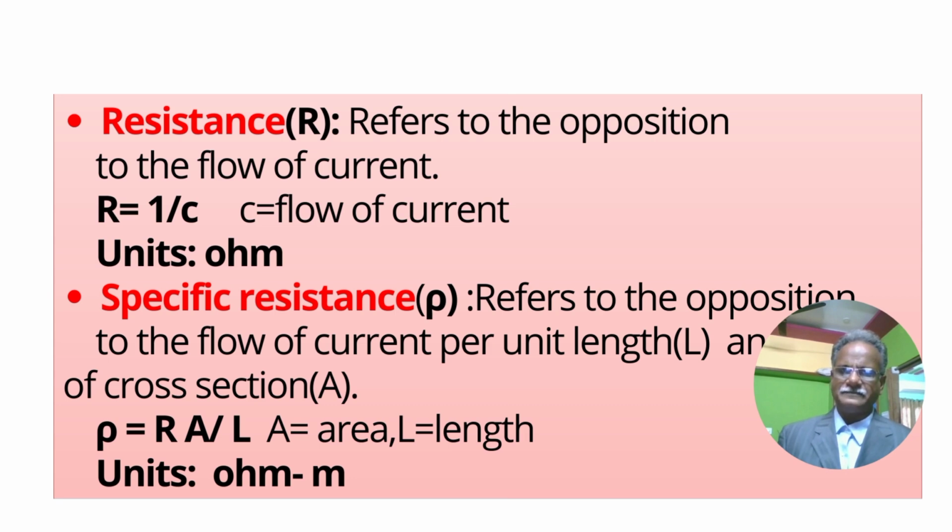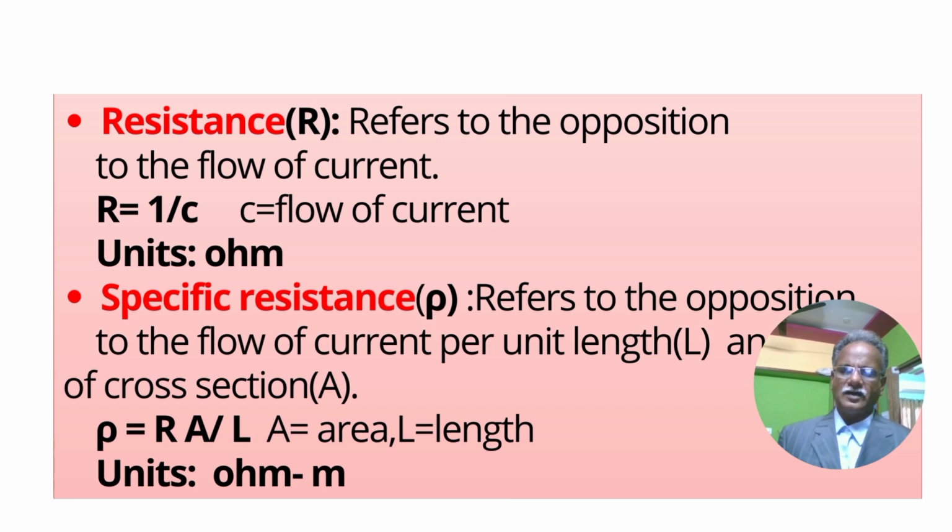Specific resistance. This refers to the opposition to the flow of current per unit length and unit area of cross section. Here, this can be denoted by rho.